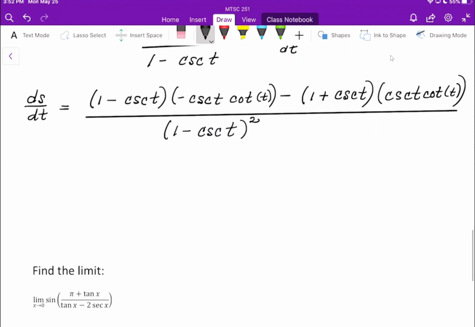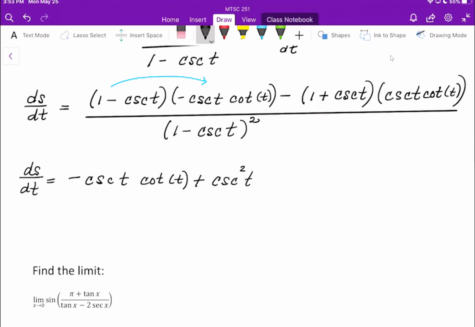So ds dt, I'm going to get the first two terms. This is going to give me minus cosecant t cotangent of t. And then I'm going to get minus negative makes plus cosecant squared t cotangent t.